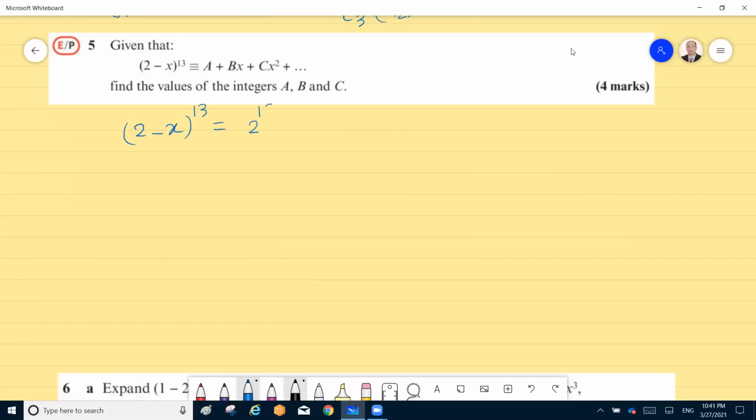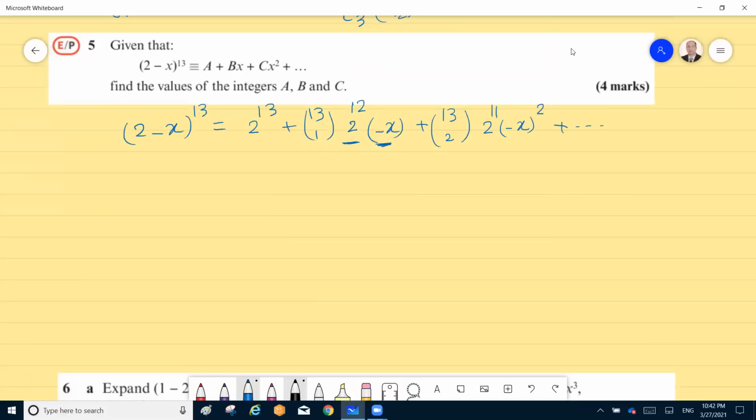The first term is 2 to the power of 13, plus 13C1 times 2 to the power 12, reducing the power, then the second term, plus 13C2 times 2 to the power 11 times negative x to the power of 2.